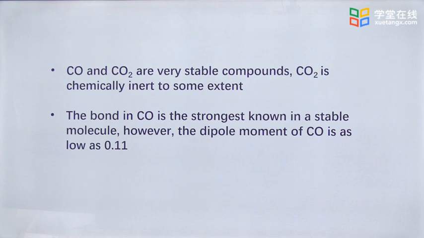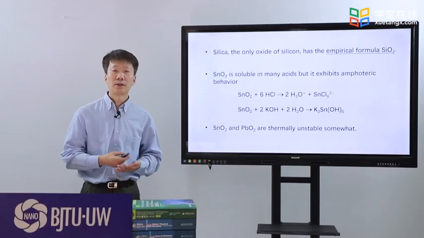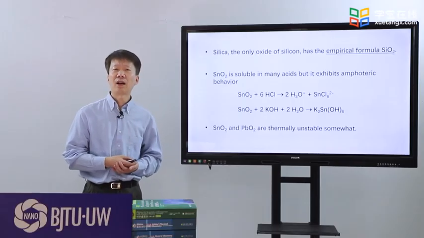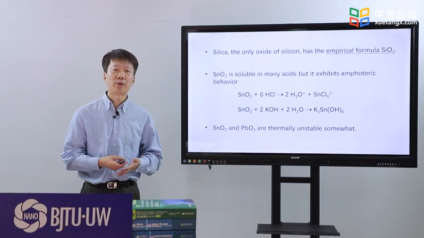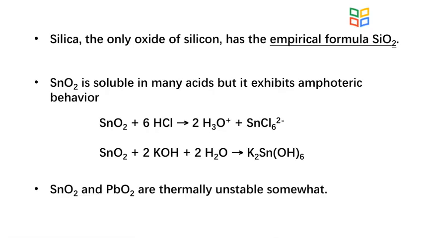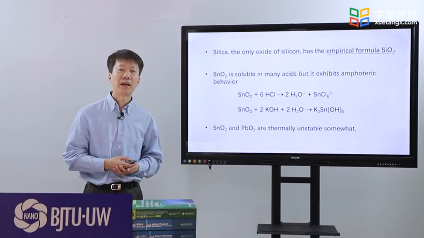The typical oxides of group 14 elements include CO, CO2, and others. The bond in CO is the strongest known in a molecule. CO2 is quite inert, unlikely to react. Silica, the only oxide of silicon, is expressed with the empirical formula SiO2. Tin dioxide is soluble in many acids, but exhibits amphoteric behavior.